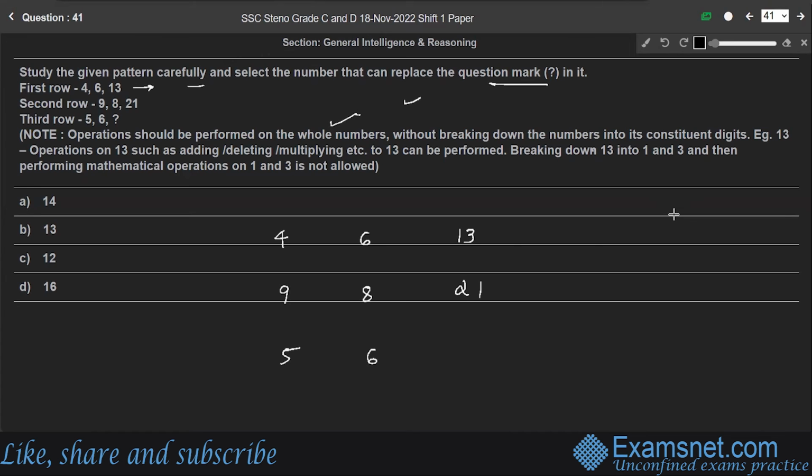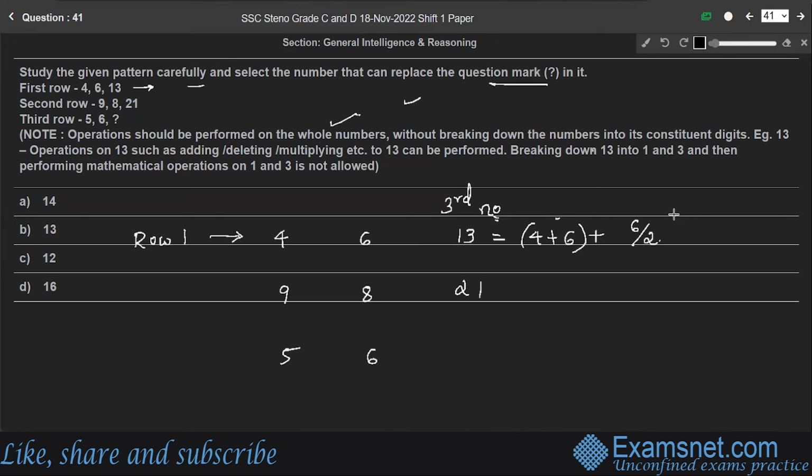Before going to the third row, we'll consider row 1. The third number is 13. So 13 is 4 plus 6, the sum of the first two numbers, plus 6 divided by 2. 4 plus 6 is 10 and 6 divided by 2 is 3.